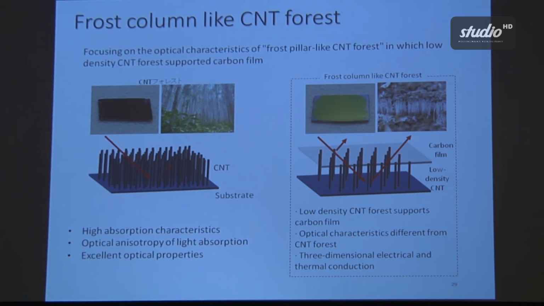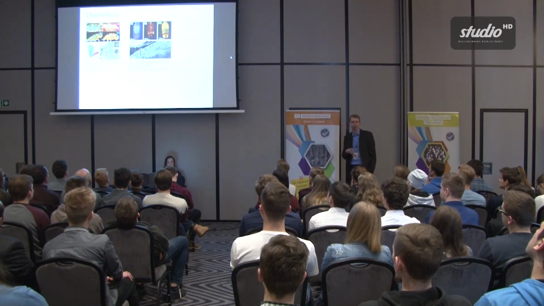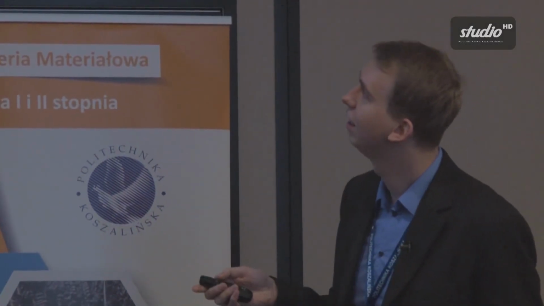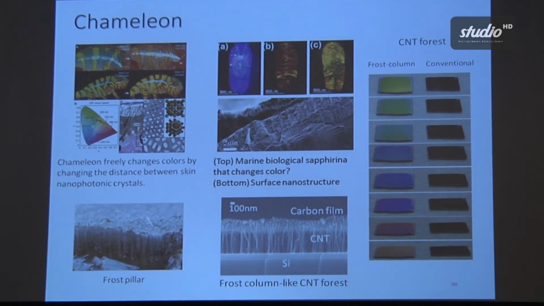After applying a carbon film on top of such a carbon-nanotube forest, we can get the so-called chameleon layer. Everyone knows that a chameleon can change color depending on mood, basically. Not only, but also. And we kind of did the same thing here.